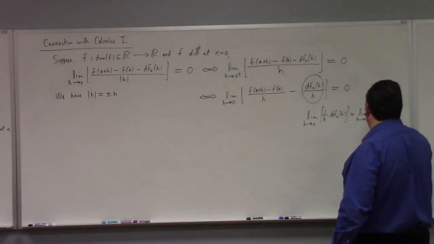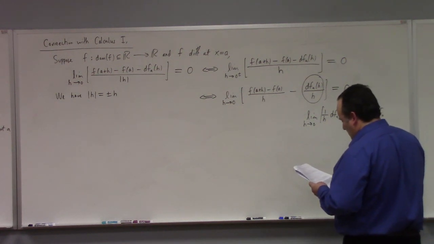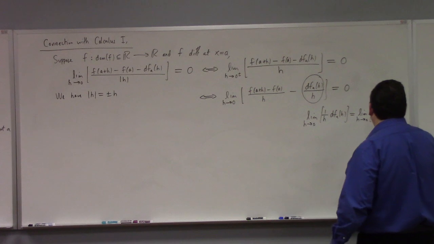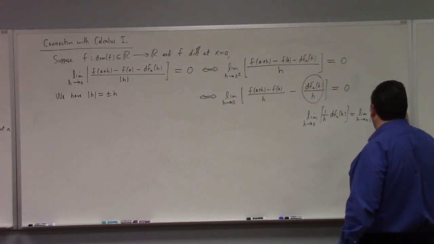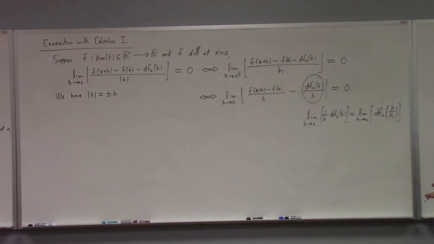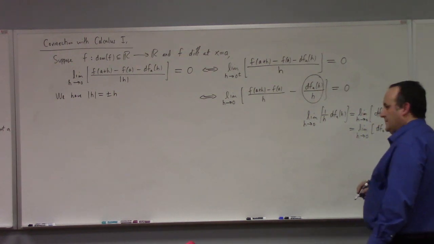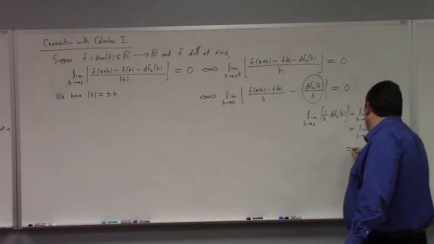And that gives me h over h, which of course is 1, right? Because the limit gets close to 0, but not equal to 0. You know the drill. So this is equal to the limit as h goes to 0 of df_a(1), which is really just a constant, so that's df_a(1).